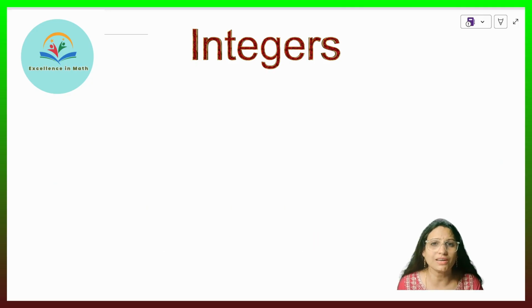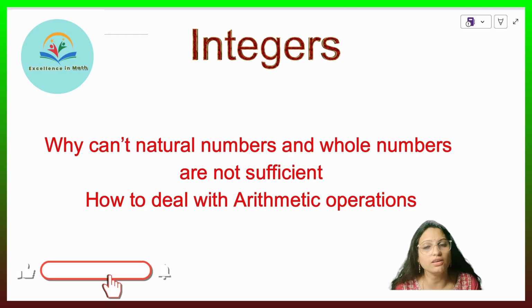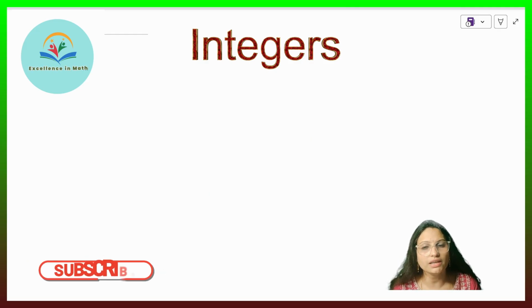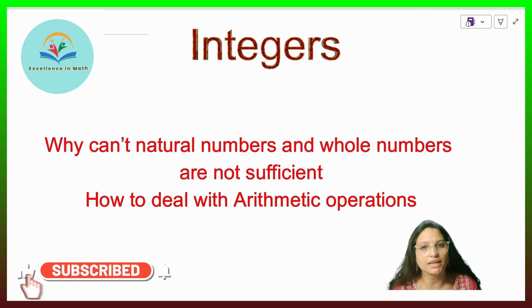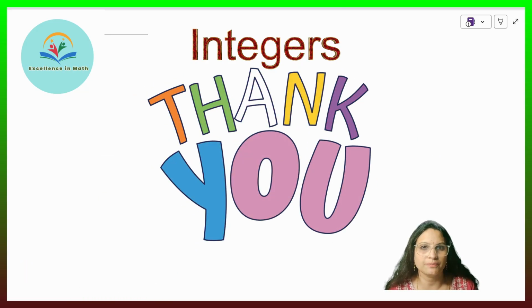I hope you understand the necessity of learning the integers concept and why the natural numbers and whole numbers are not enough to deal with real-world mysteries. And also how to deal with arithmetic operations like addition and subtraction of integers with clear explanation.